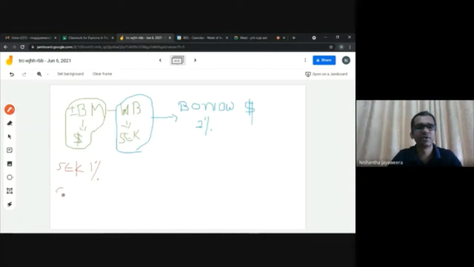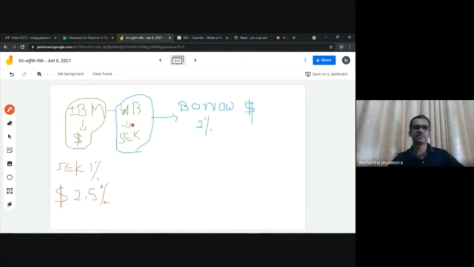If they want to borrow dollars, the interest rate may be 2.5%, because this is a Swedish firm, they don't have any dollar presence in the US. Definitely there will be a margin added on that. The borrowing cost would be high.